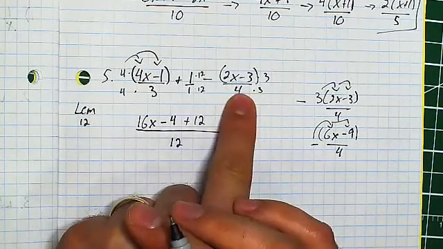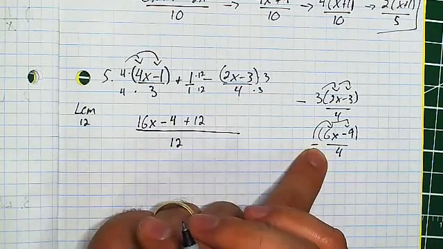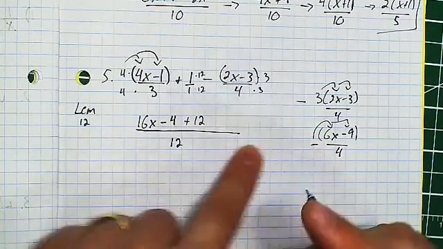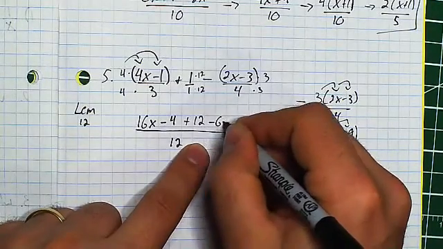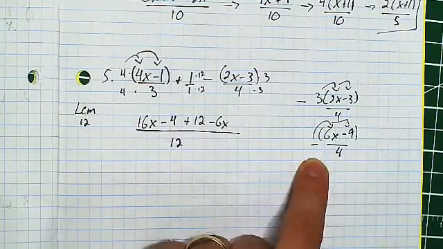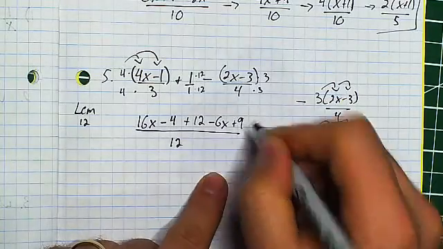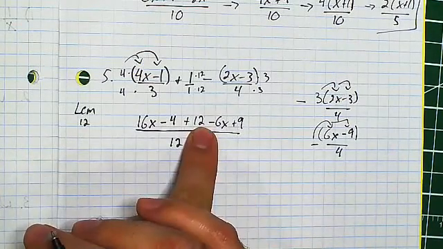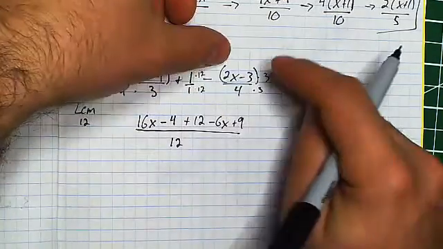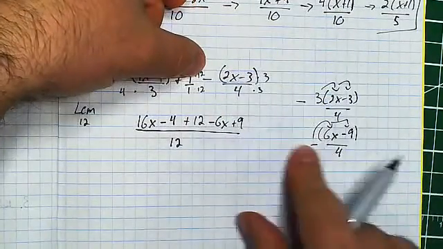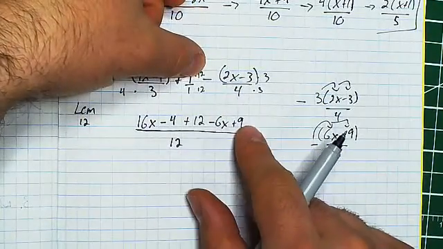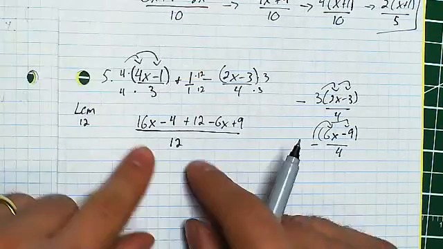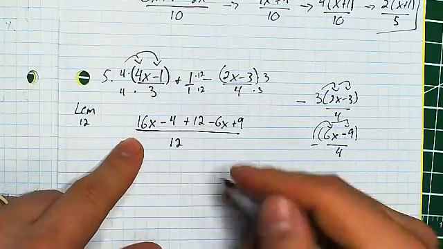So when I put it into my total expression, since I'm subtracting, you almost want to times everything by negative 1. So 6x times negative 1 turns into negative 6x, and negative 9 times negative 1 turns into a positive 9. What a lot of students will do is they won't put those brackets in, and they're going to go minus 6x and minus 9, which would be the incorrect answer.